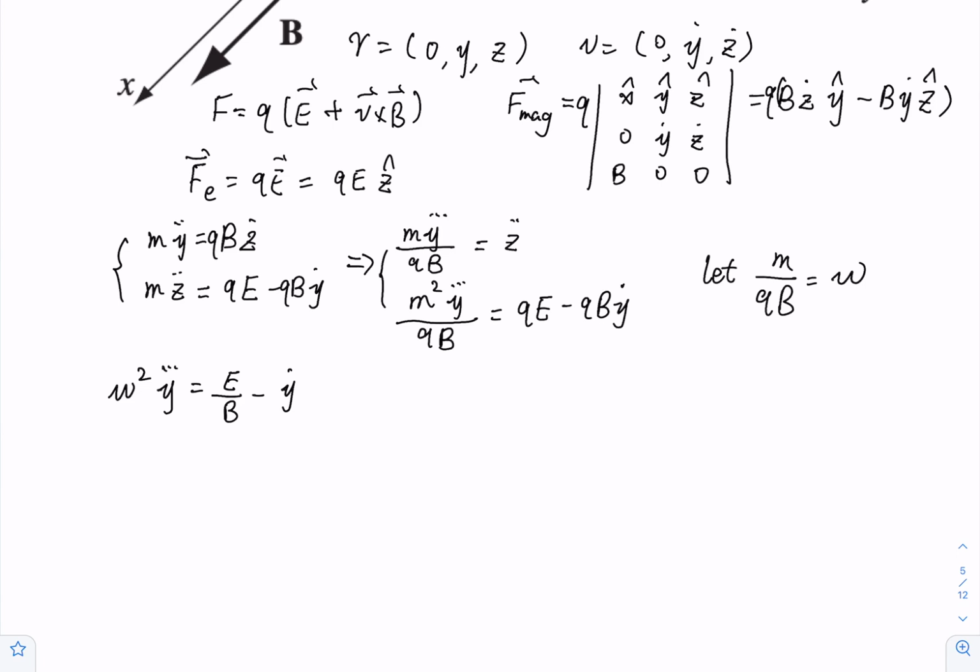So I guess you are familiar with this kind of differential equation now.